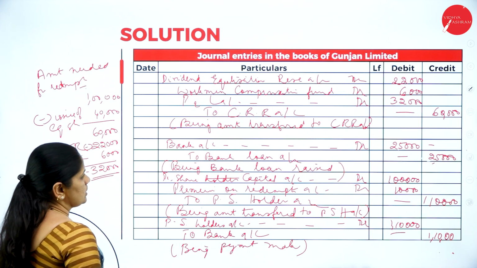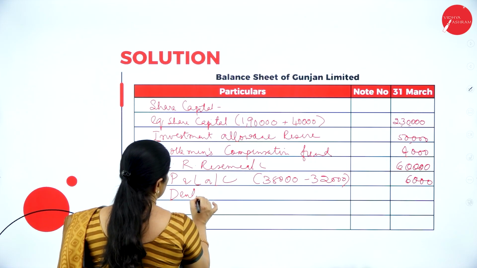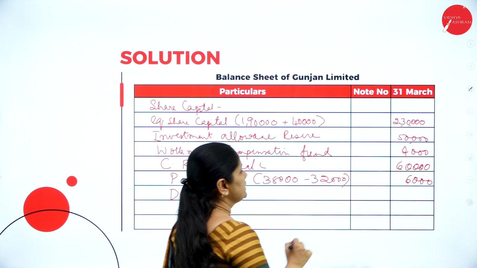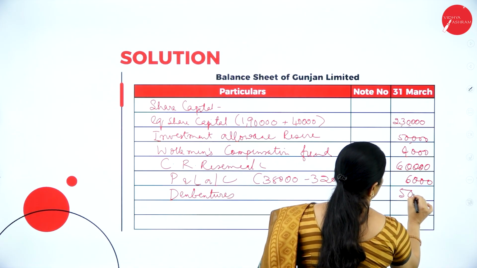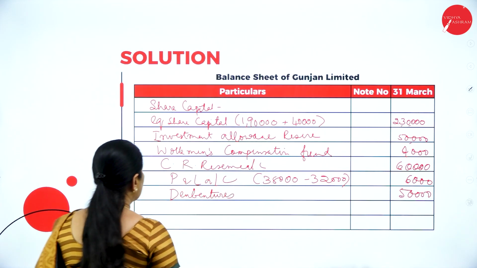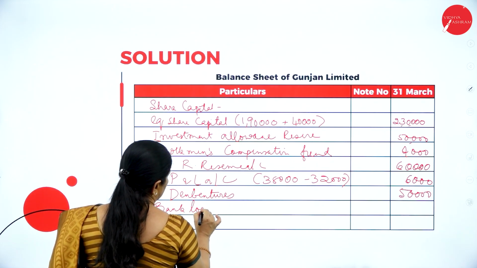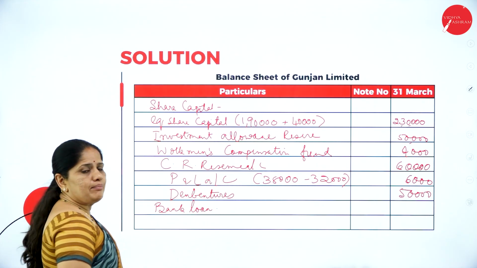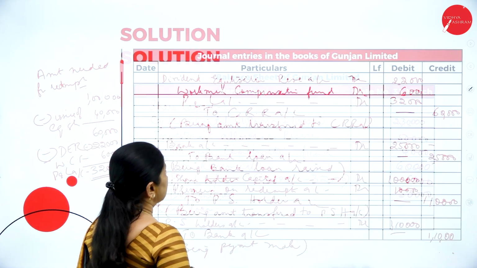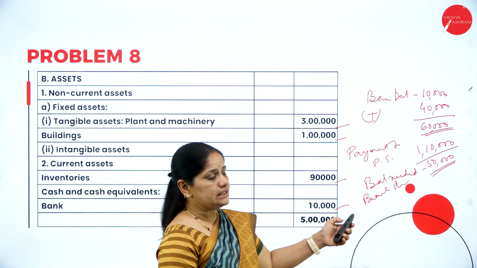So the debentures also we have to mention here. Debentures worth 50,000, they have issued. Then there is a bank loan. So what is the bank loan here? In the bank we have a balance. See the opening balance here. What is the opening balance at bank? 10,000.